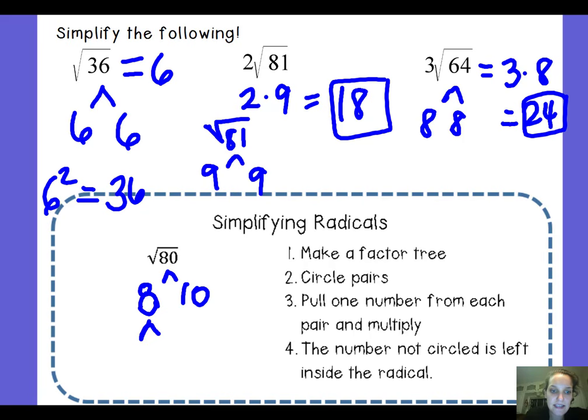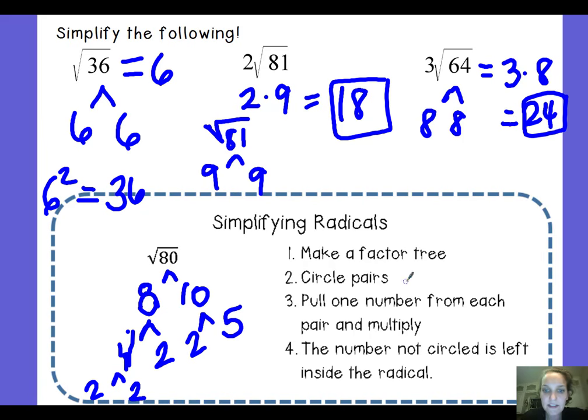So 8 is 4 times 2, and 10 is 2 times 5, and then 4 is 2 times 2. So I can't break it down any further. Those are all prime numbers. I can't factor them any further.